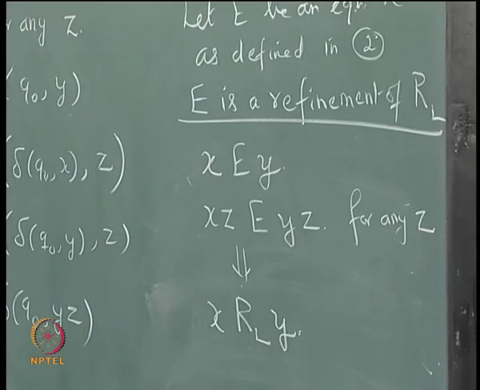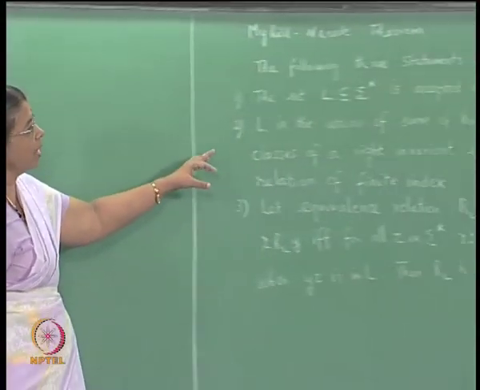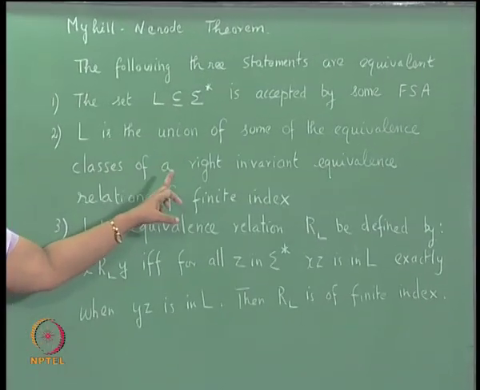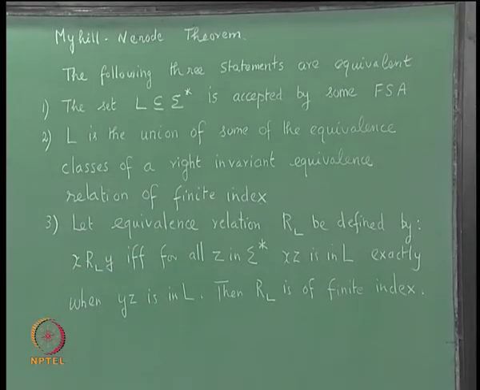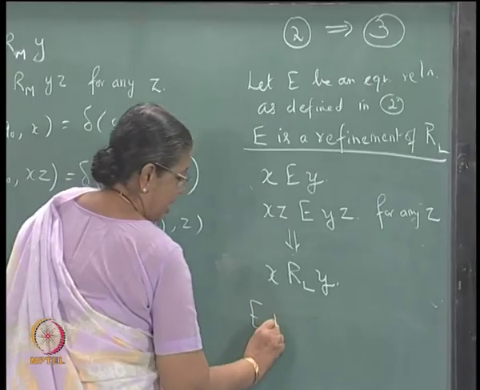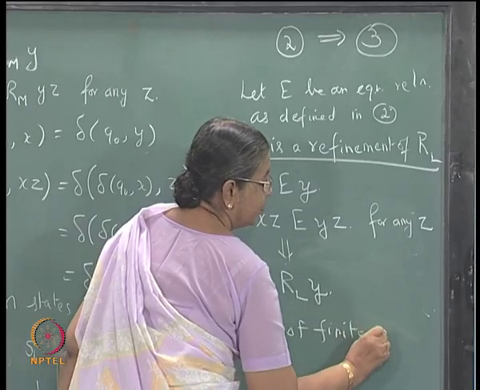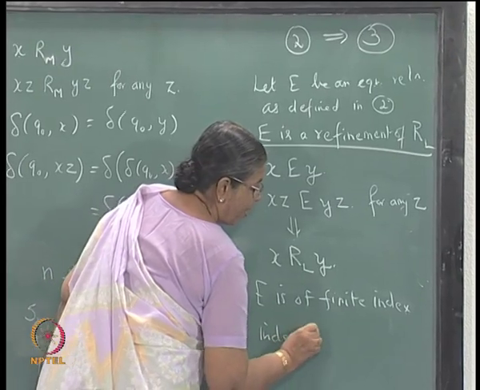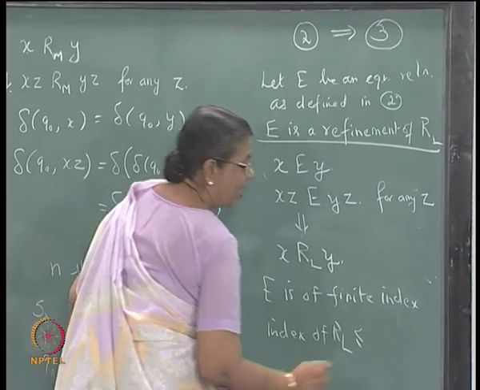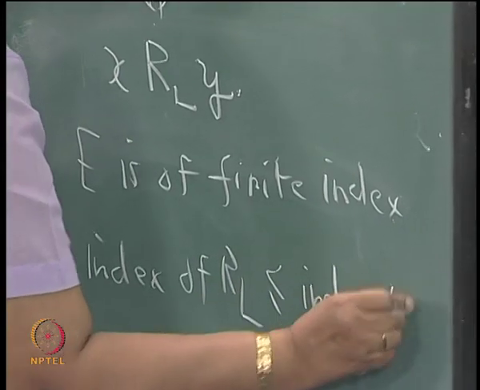And what is the index of E? We started with the assumption that L is the union of some of the equivalence classes of a right invariant equivalence relation of finite index. So, E is of finite index, and the index of RL is less than or equal to the index of E, isn't it?